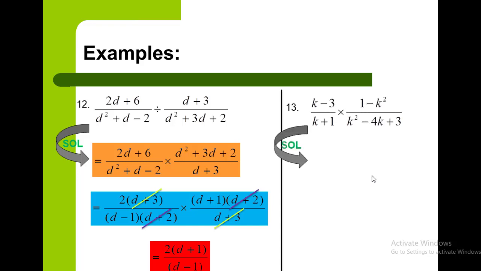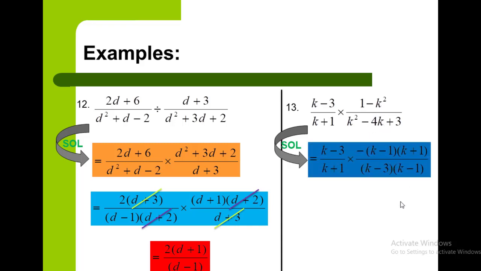Another example, (k minus 3) over (k plus 1) multiplied by (1 minus k squared) over (k squared minus 4k plus 3). We will factorize 1 minus k squared, but we will take negative as a common sign.